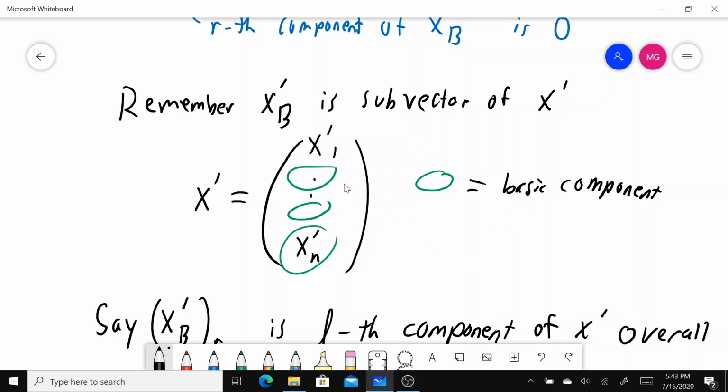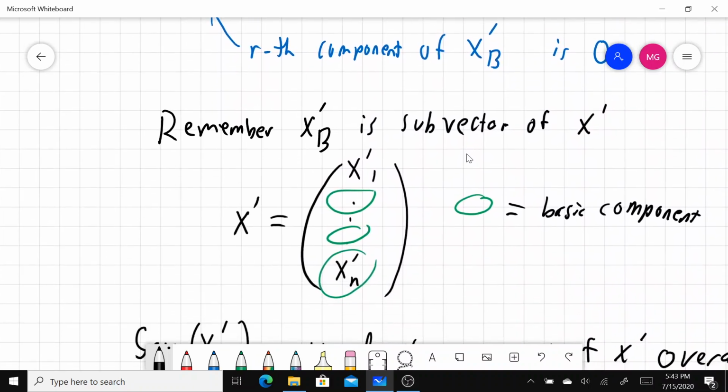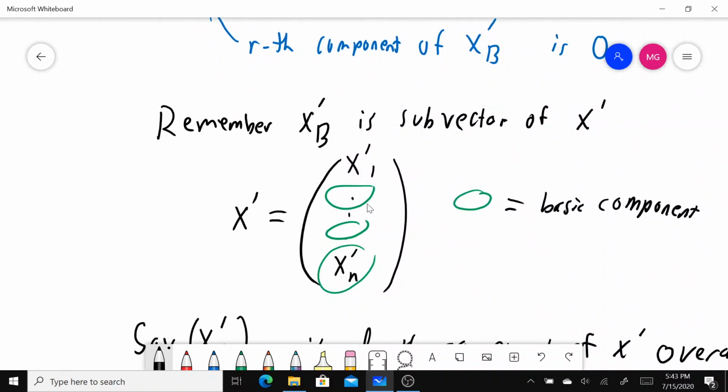Let's say I've circled the basic components as the green ones. And what I'm doing is counting r down amongst the basic components to get that entry xb prime sub r. So I'm counting, amongst the green circled components, 1, 2, 3, all the way down to the rth one, and that's giving me xb prime sub r.